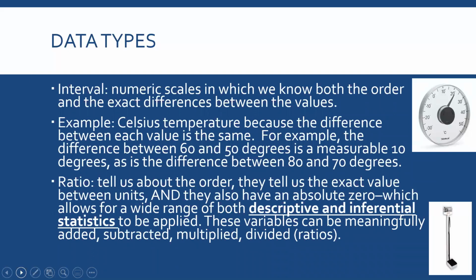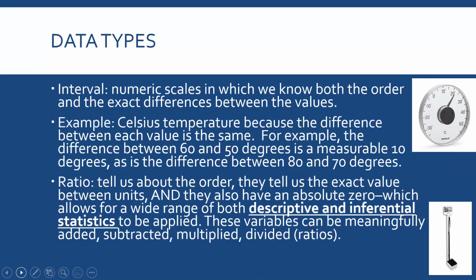Next, we're talking about interval: numeric scales in which we know both the order and the exact difference between the values, such as temperature. Here you go: Celsius temperature, because the difference between each value is the same. For example, the difference between 60 and 50 degrees is measurable as 10 degrees, as is the difference between 80 and 70 degrees.